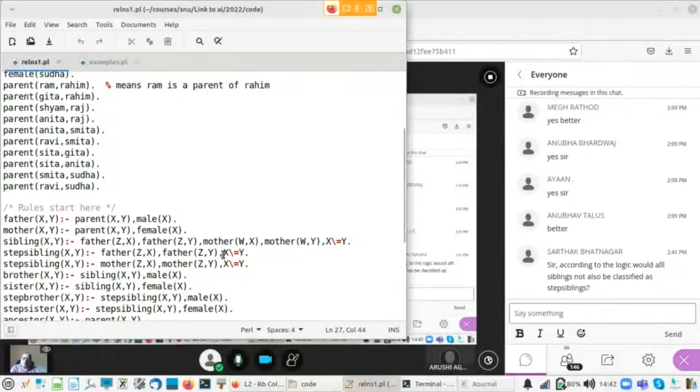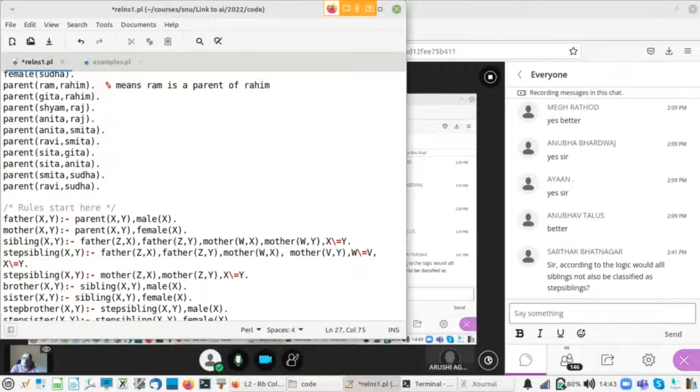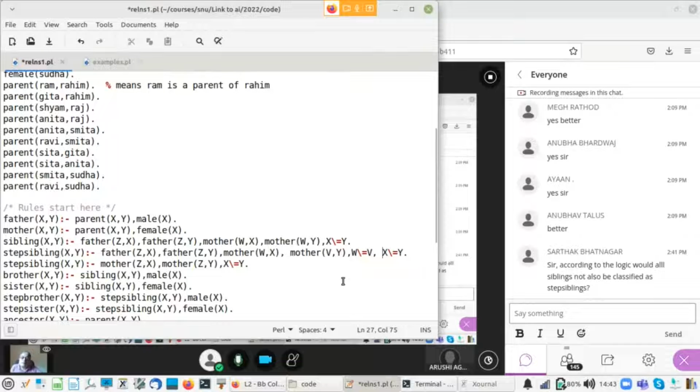So you can say mother W of X, mother, let's say V of Y, and W is not equal to V and X is not equal to Y. That's what I'm saying.